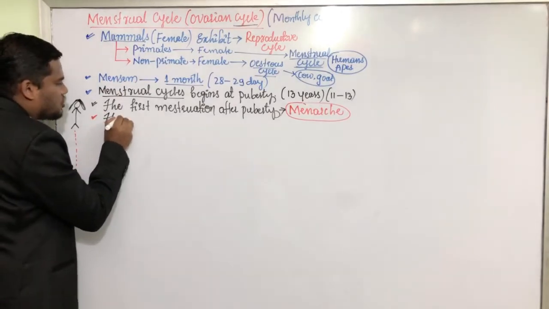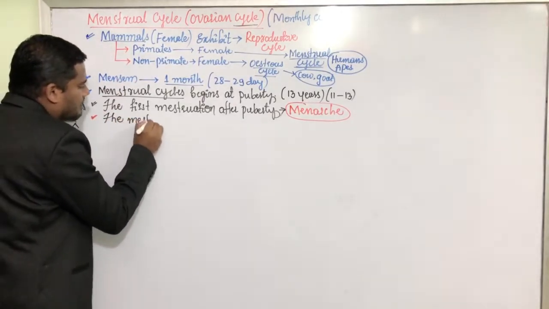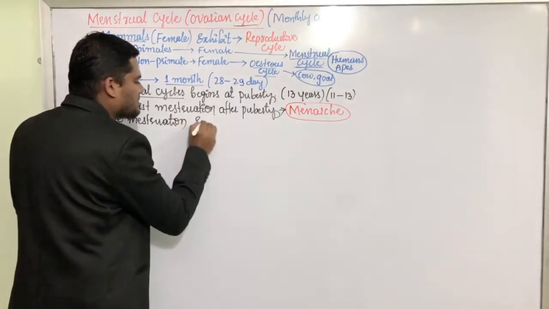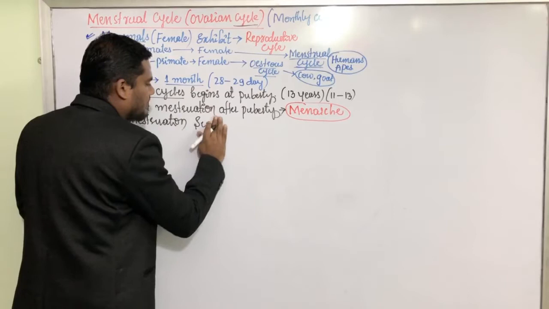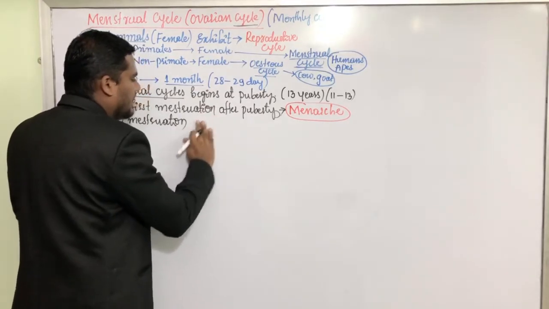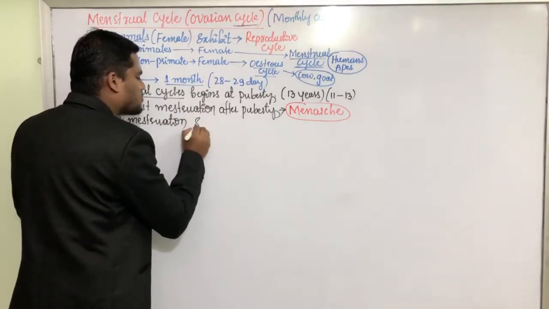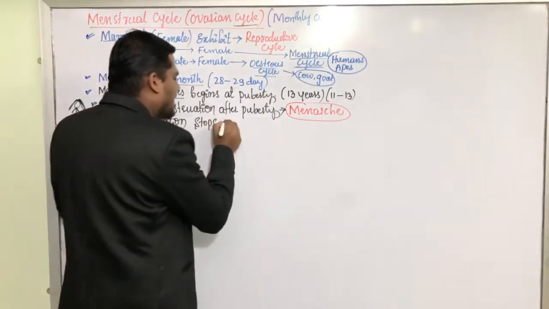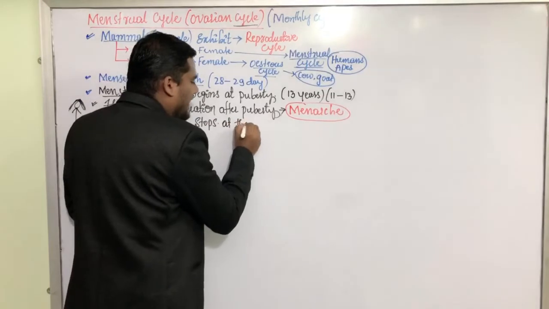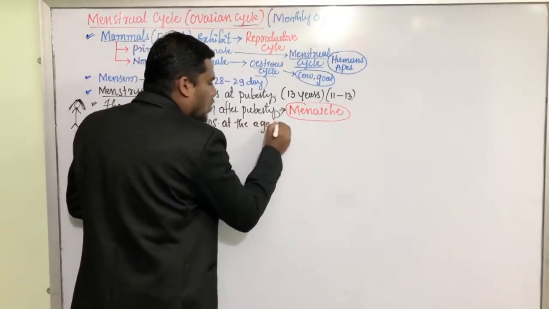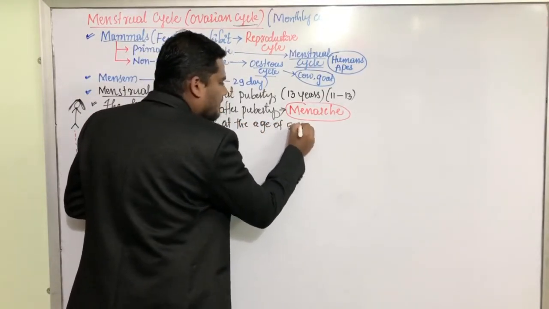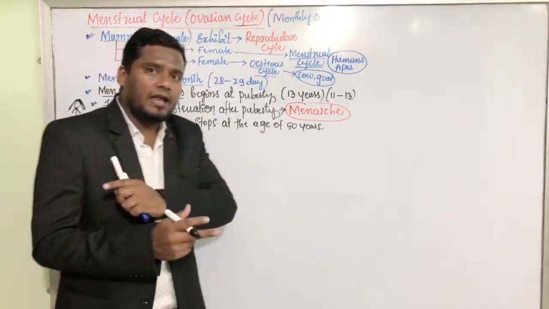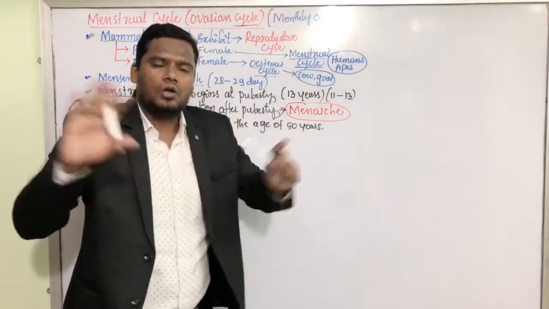The menstruation ceases. The menstruation stops at the age of 50 years. जैसे ही औरत 50 साल की हो गई, अब उसके अंदर menstrual cycle होना रुक गया.